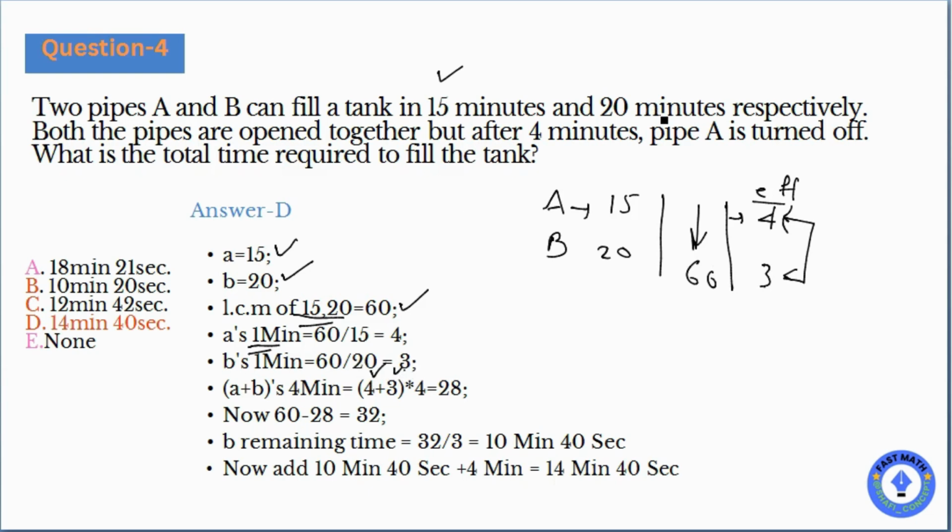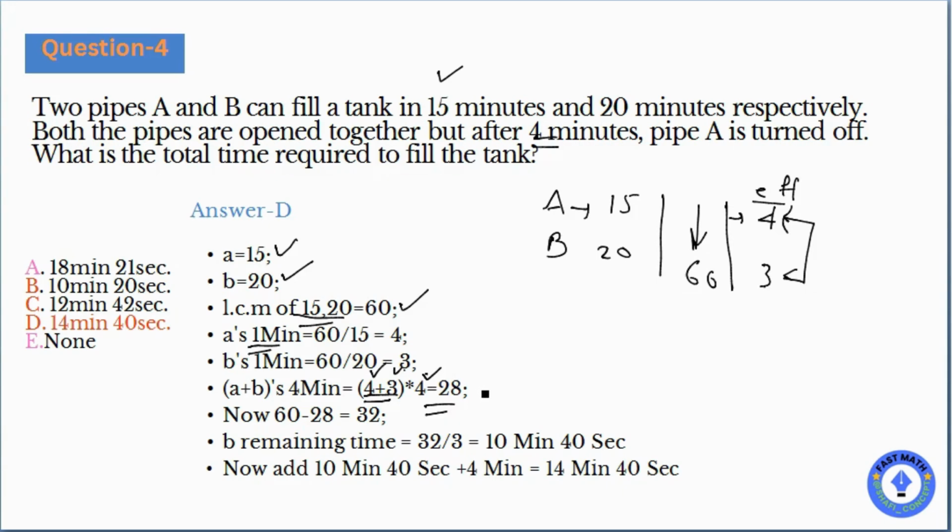But as per the problem, it is shut off after 4 minutes. That means up to 4 minutes, both taps are used for filling the tank. That's why you add the efficiencies of both pipes, 4 plus 3, and multiply with the time duration for which both pipes are used to fill the tank. That means 4 plus 3 into 4, that is 28.